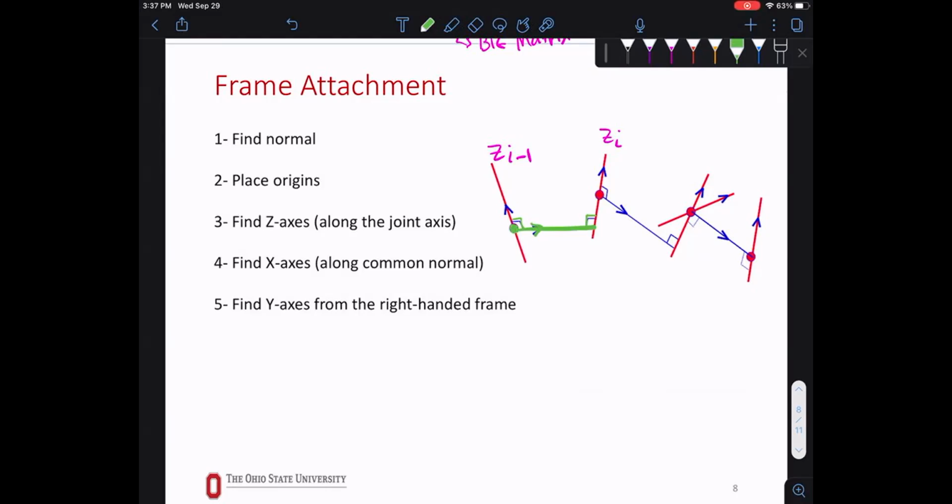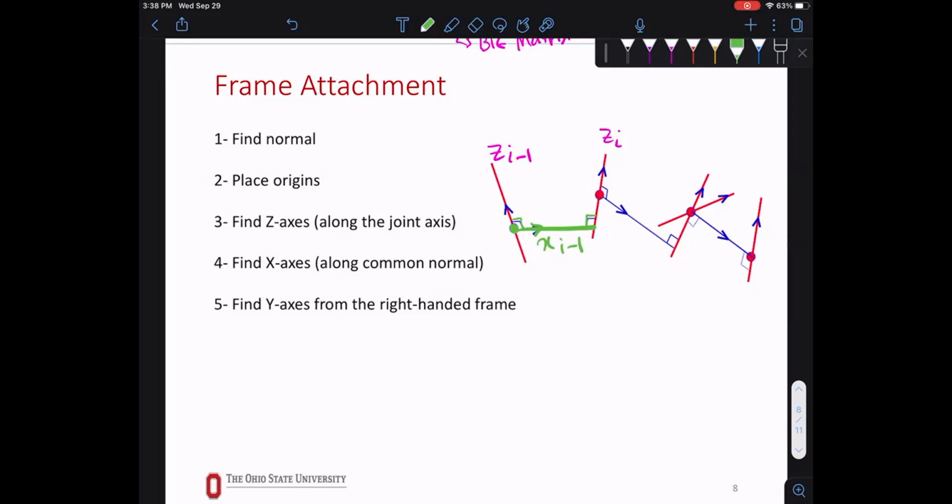We will place the frame for z_{i-1} first, and then we move to the other one. When you find the common normal, wherever this coincides, you place the origin there. That will be the base of your frame, the origin of your frame. This is the axis i-1, and this common normal will be your x-axis, x_{i-1}.